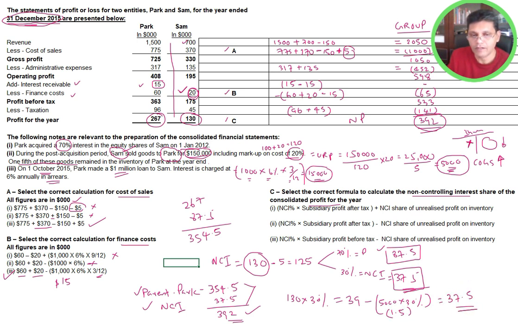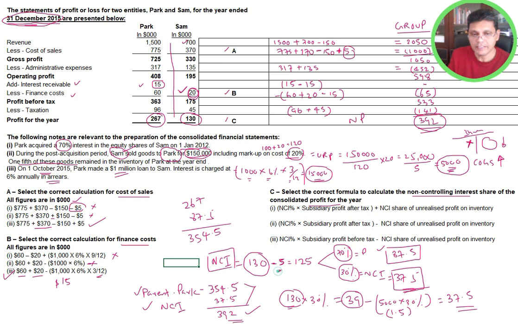This way also you can calculate. What you can do is, if you want to identify non-controlling interest, either you take 130 minus 5 unrealized profit, and on that you take the percentages, the parent and the NCI. Otherwise you take the net profit as it is, 130, take 30% of that.